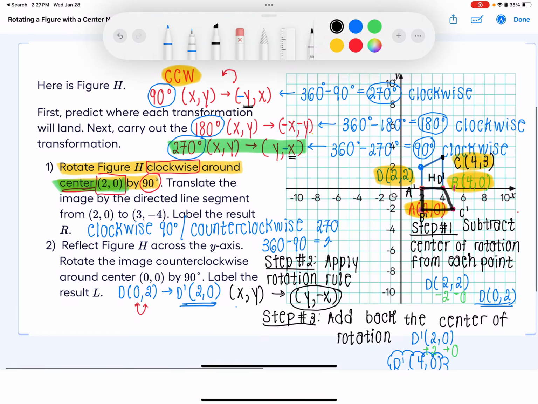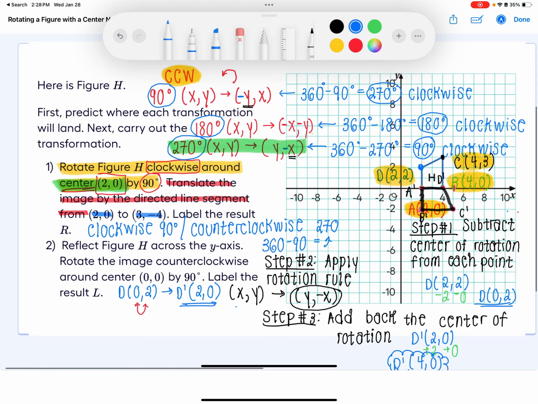So then the second part, I'll highlight in red, is that we need to translate the image by the directed line segment from this first point here, 2, 0, to this new point here, 3, -4. Now, I want to first plot those points.